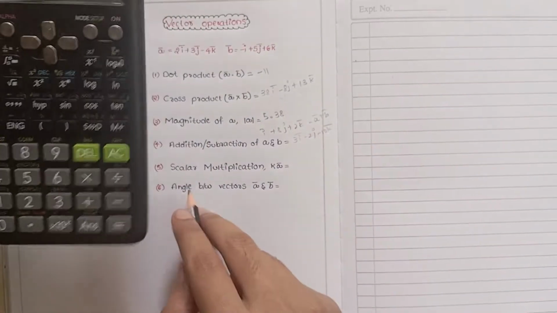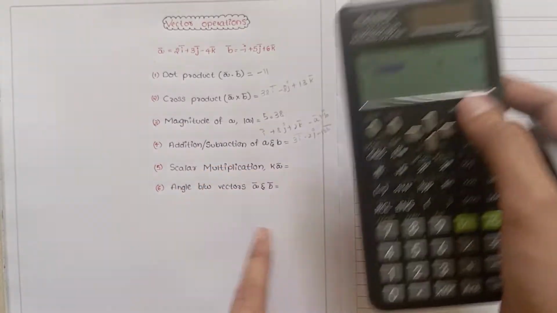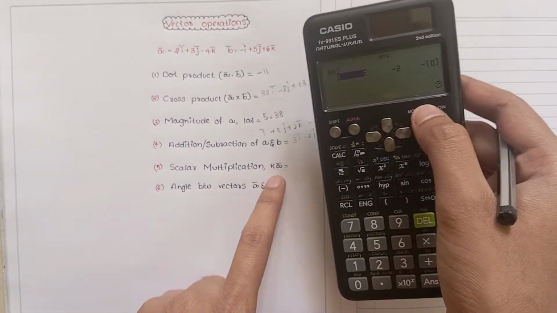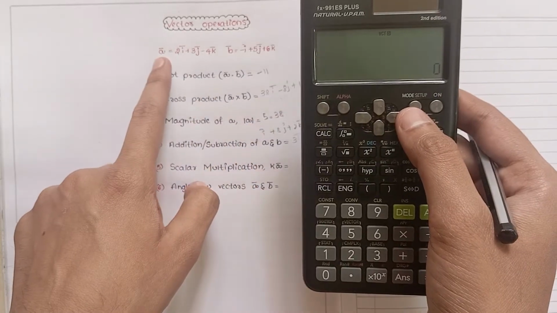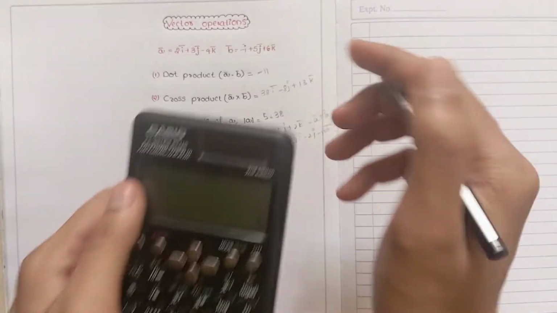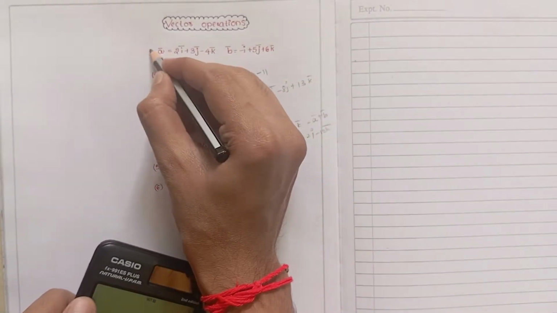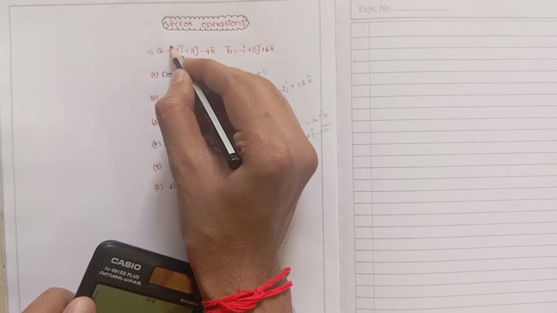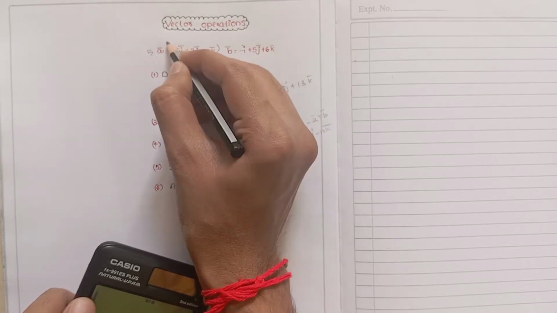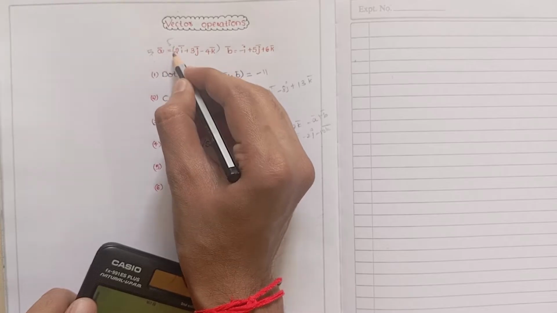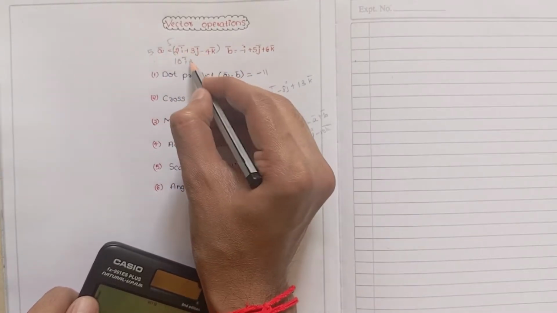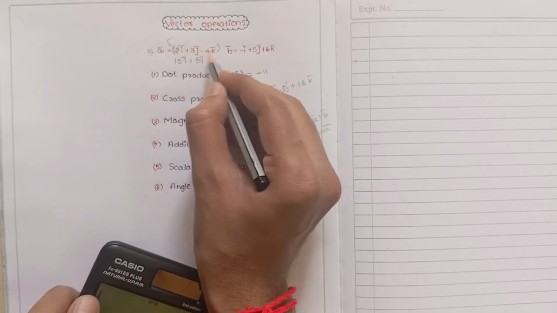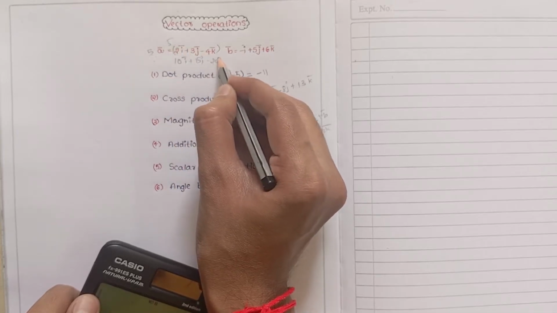Now we will see scalar multiplication. Scalar multiplication means multiplication of a vector by a constant number. Suppose we multiply a by 5. When we multiply vector a by 5, what will we get? The whole vector is multiplied by 5, which is nothing but 5 into 2, 10 i cap, 5 into 3, 15 j cap, minus 5 into 4, minus 20 k cap.